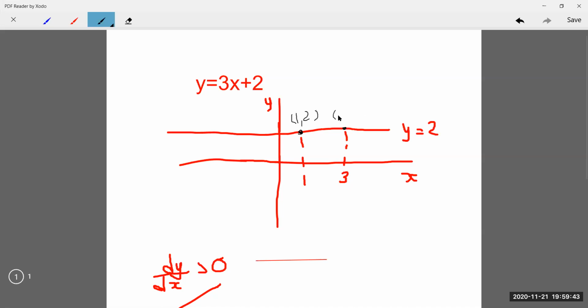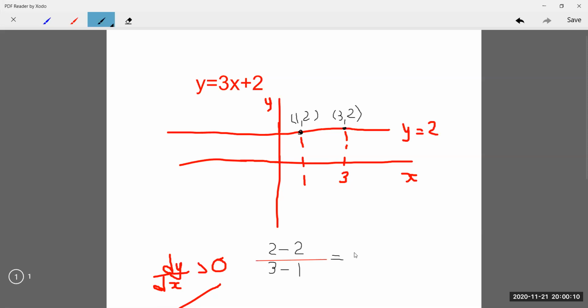So how do we find the gradient between these 2 points? y2 minus y1. All right, y2, which is 2, minus y1, 2, over 3 minus 1. But what is 2 minus 2 over 3 minus 1?